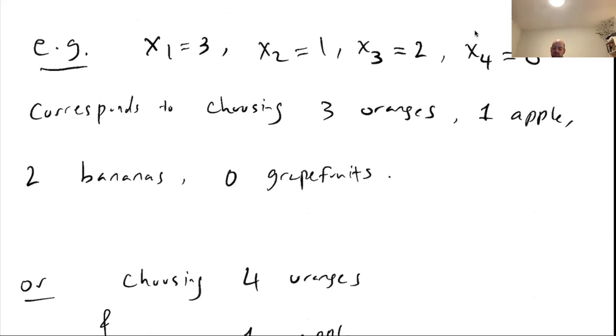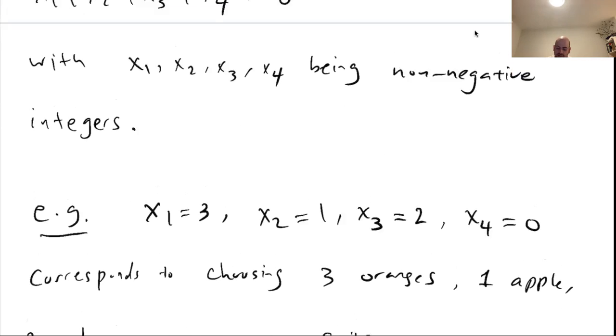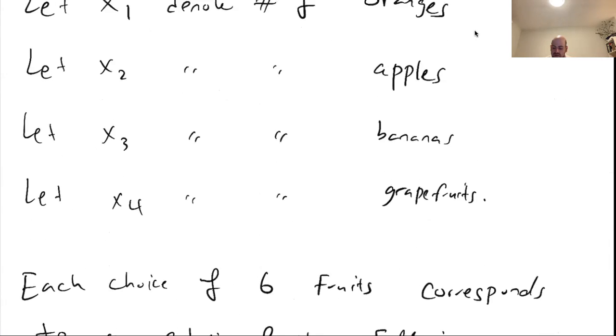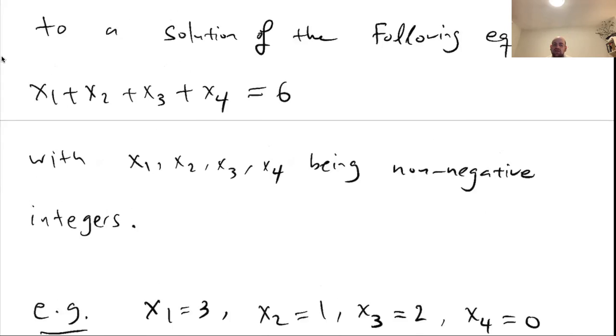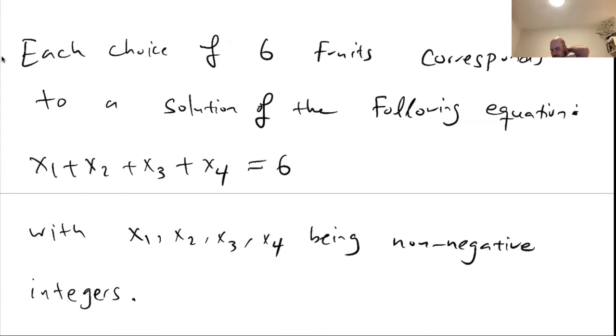Okay, so what can we conclude? We can conclude that to answer this question, we have to count the number of solutions for this equation, x1 plus x2 plus x3 plus x4 equals 6. If I can count the number of solutions for this equation, that number is the number of ways I can choose 6 fruits, because each solution corresponds to one choice of the fruits, and each choice of the fruits corresponds to one solution of this equation.